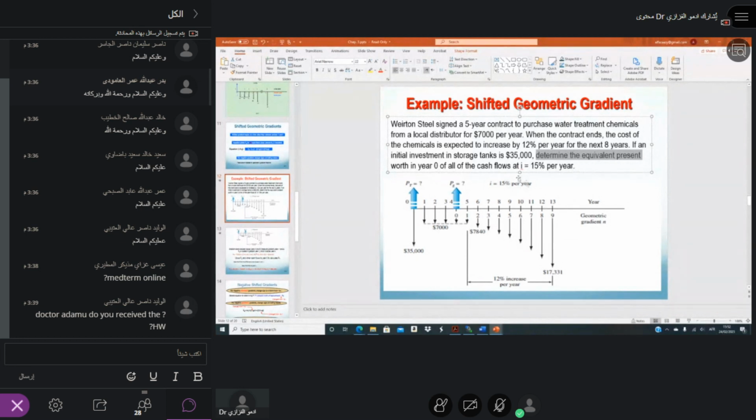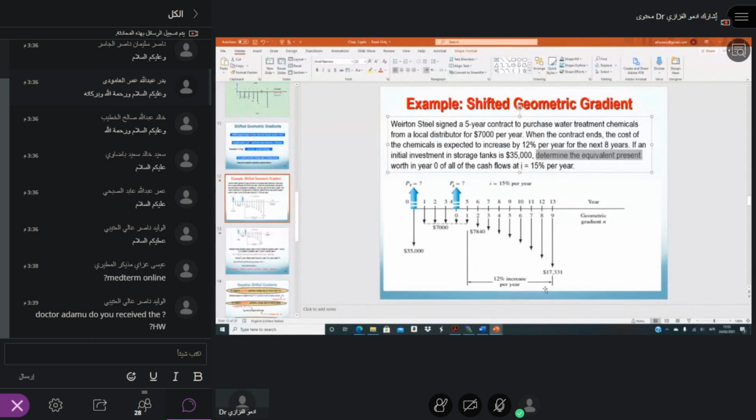So if you want to put the numbers, the usual numbering will start from 1, 2, 3, 4, 5. This is the 5th year when the contract ends. And then it continues 6, 7, 8, 9, 10, until 13. And then if you want to start counting for the gradient, it is from this time, that is when it started increasing.